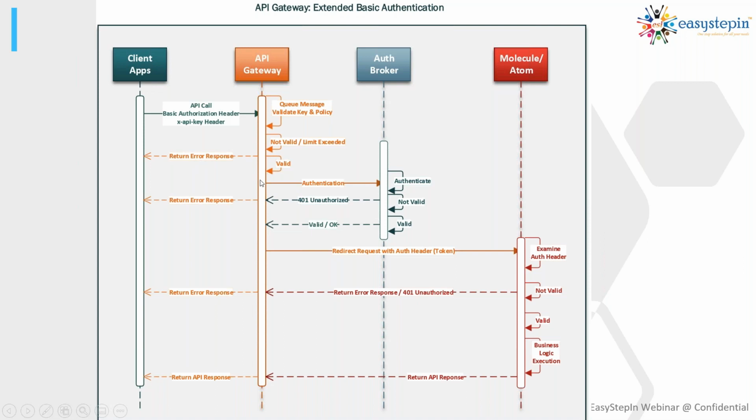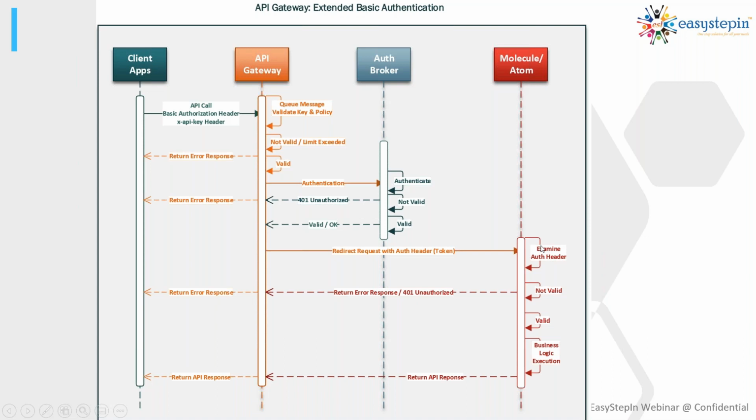If it is valid, the gateway will send the authentication details to authentication broker. So remember, we have said that gateway interacts with broker to authenticate the user. So gateway sends the authentication details to broker. The broker will validate it, and if it is valid, it sends validation OK to gateway.